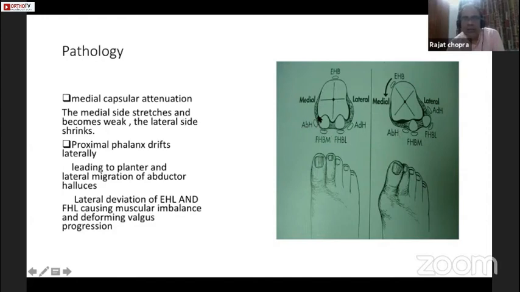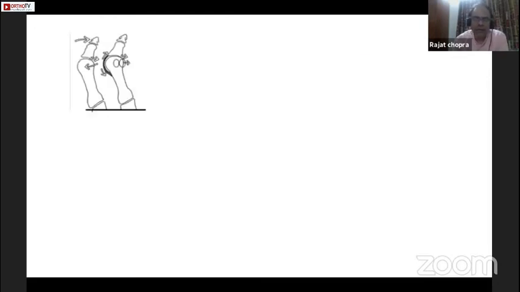Or maybe there is a medial capsular attenuation, which leads to lateral capsular shrinkage, causing the deformity. This is important. That will explain how the deformity happens and why you get the valgus and the pronation in a hallux valgus. So let's look at this slide.